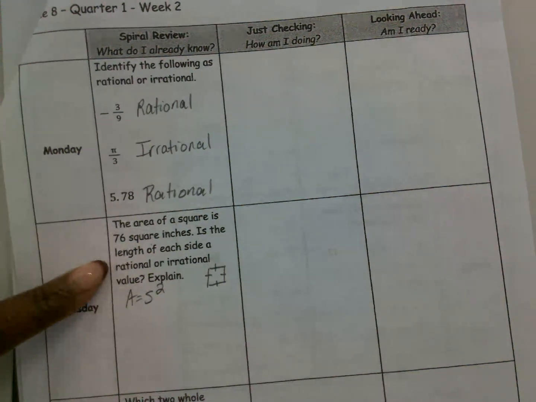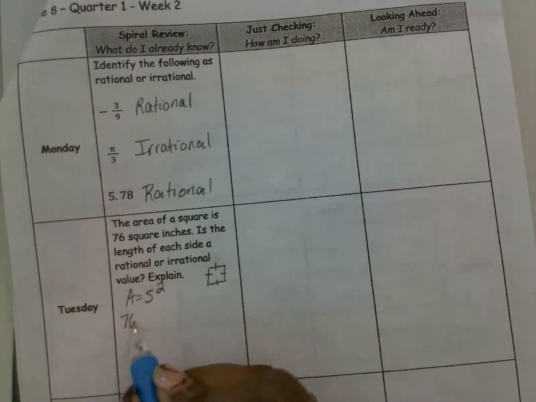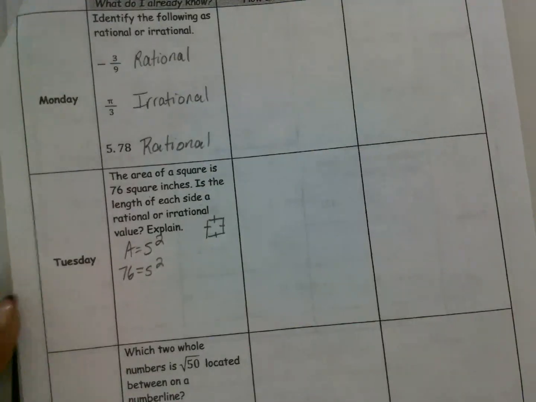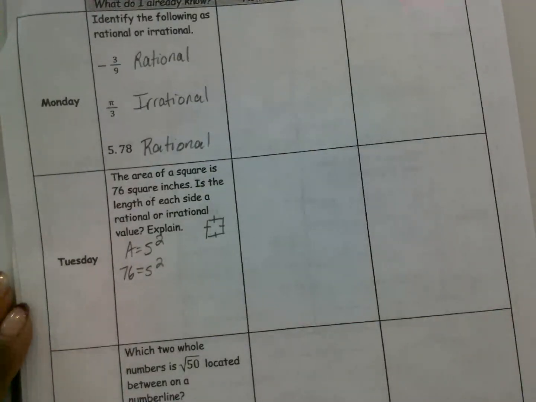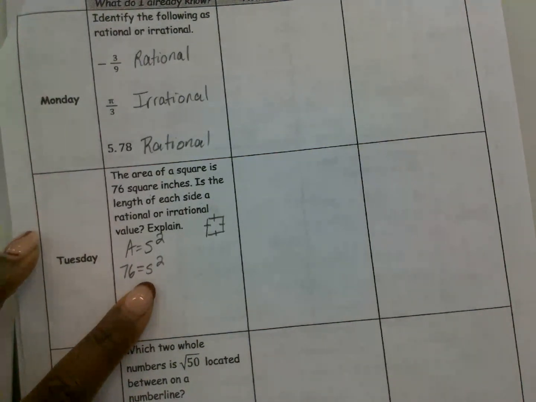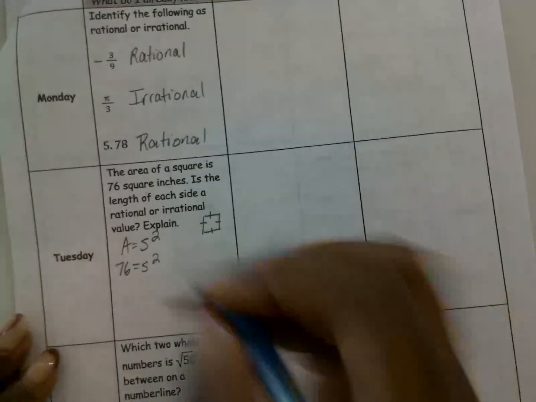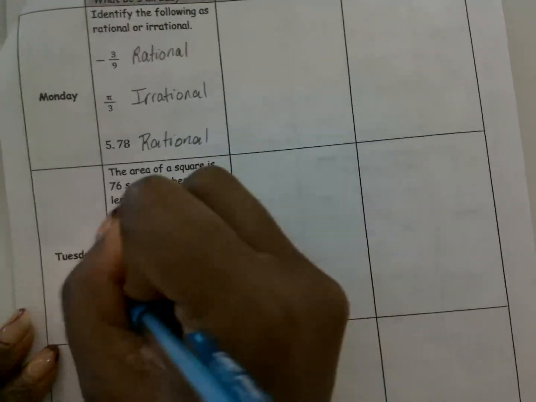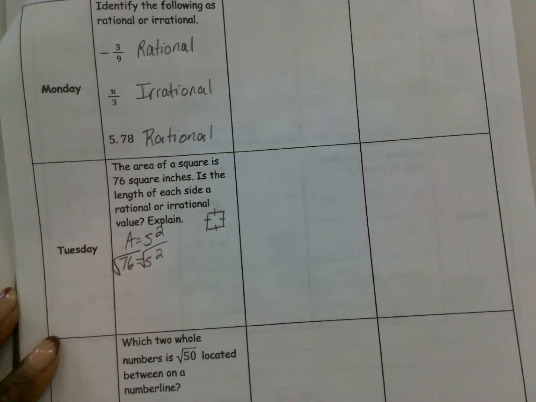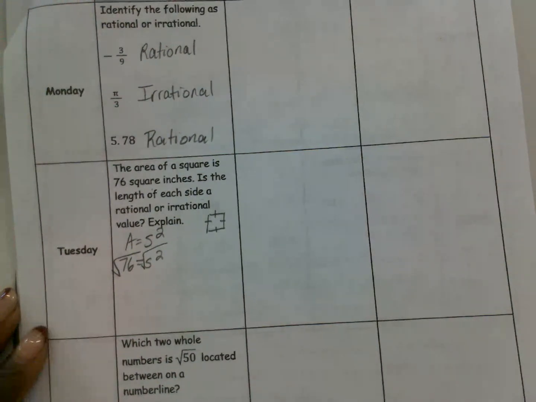Is the length of each side rational or irrational? Well, when you plug in 76 for A and you solve for S, the opposite of squaring a number is to find the square root. So the only way to solve for S, or to figure out what each side is, is to find the square root of it. When I find the square root of 76, the answer is a decimal.